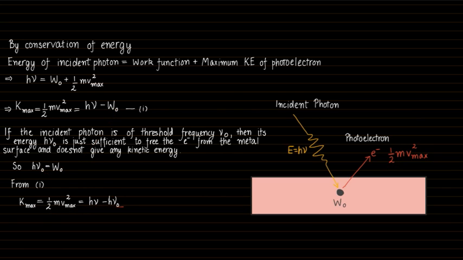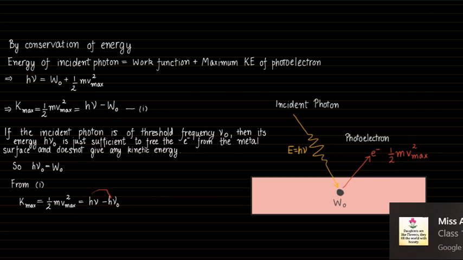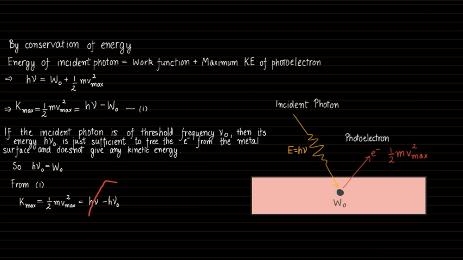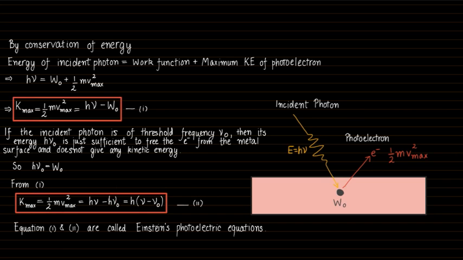From here I can take this h common. So h multiplied by nu minus nu naught. Fine. Let's give this equation a number. So equation 1 and your equation 2, these two equations are known as your Einstein's photoelectric equation. Fine.